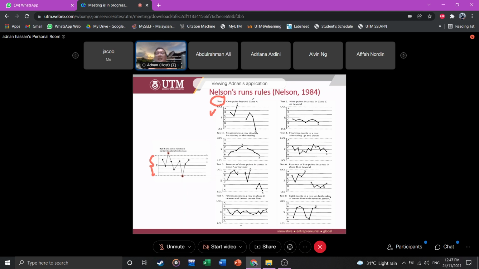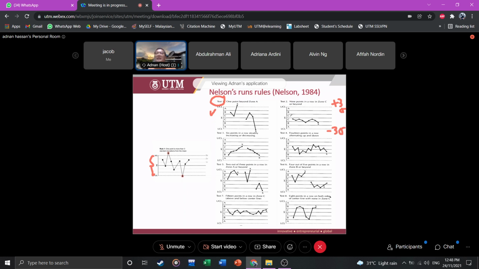But in an actual situation where we want to achieve 6 sigma quality, we need to consider also what happens within the control limit, not only outside it. So if this is plus 3 sigma and this is minus 3 sigma, we need to look not only outside, but also inside plus minus 3.